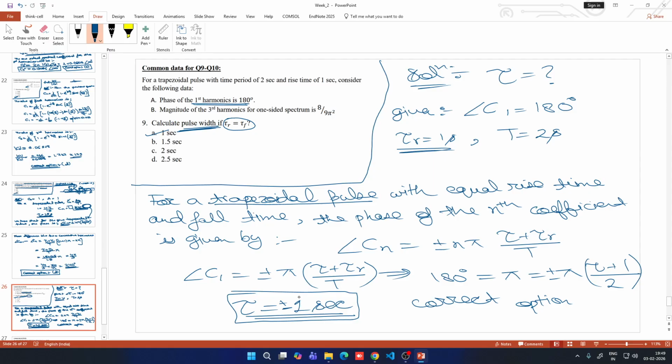Even on the negative time axis the pulse width will still be 1 second. That's why I have not considered the negative value. I hope this is clear. The correct option for this is A. If you have any doubt in this, please let me know.